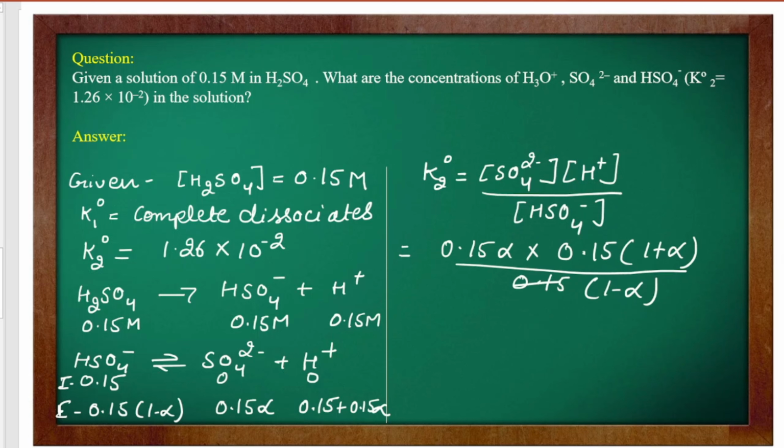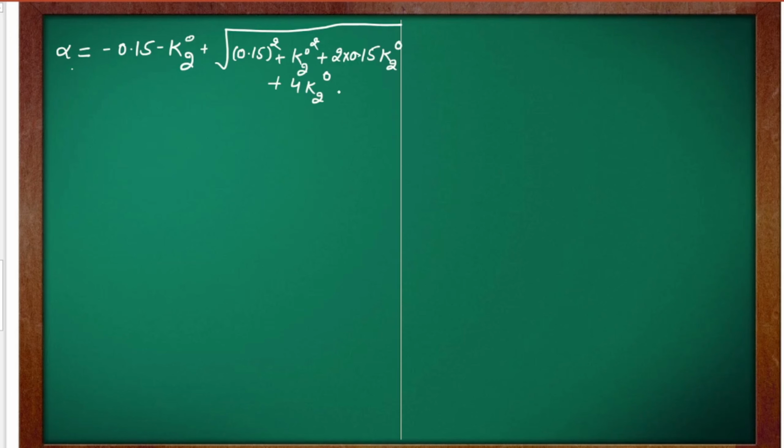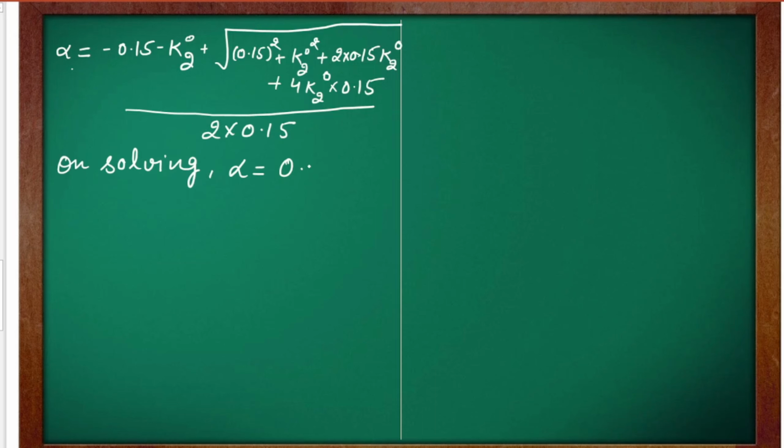On putting the value of total hydrogen, sulfate and hydrogen sulfate in solution, we get a quadratic equation in alpha. On solving, alpha value comes out to be 0.07267.